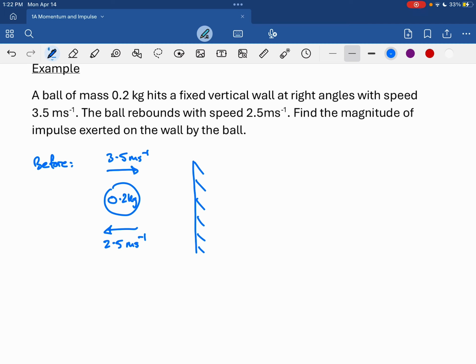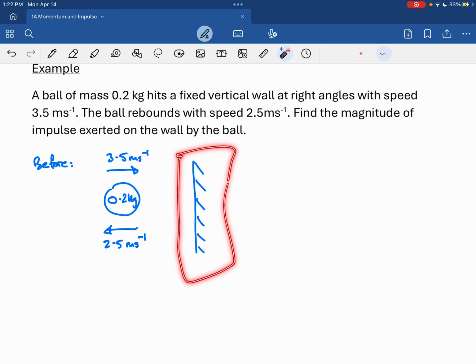Now, the impulse exerted on the wall by the ball, we can't calculate. Because if we want to work out the impulse that the wall feels, then we need to know its mass and its velocity before collision and velocity after collision. But we don't know any of that information. So we can't work out the impulse on the wall directly.